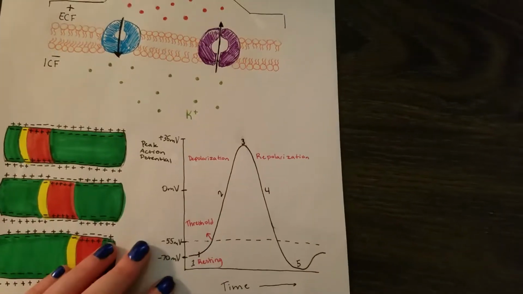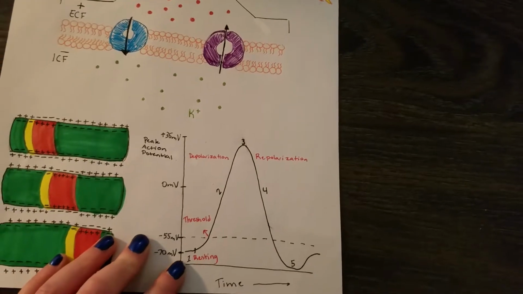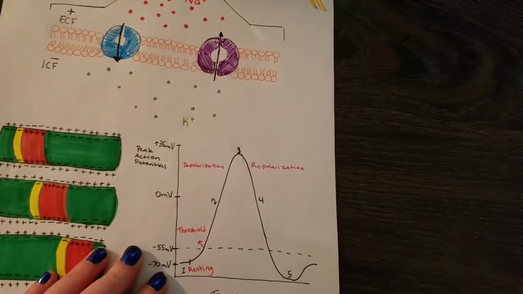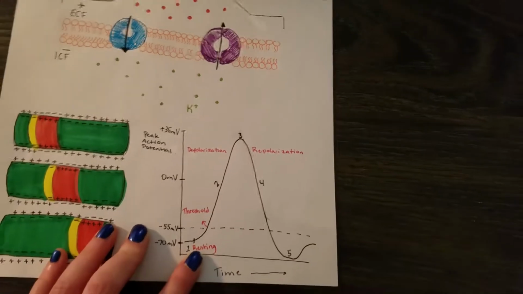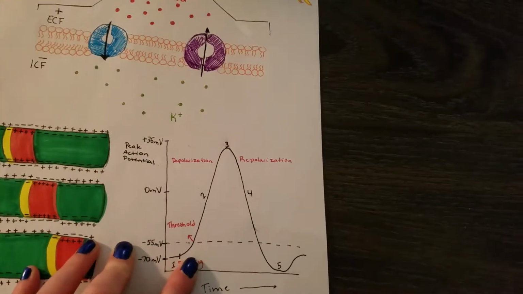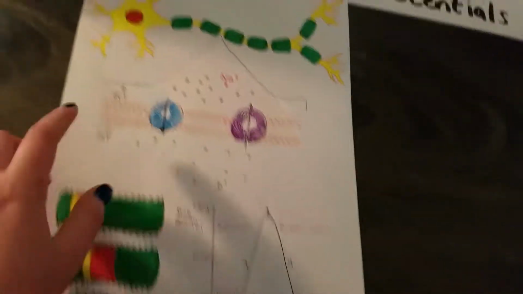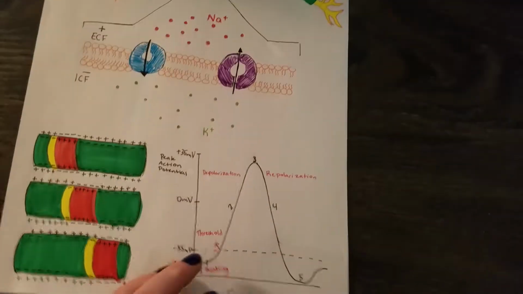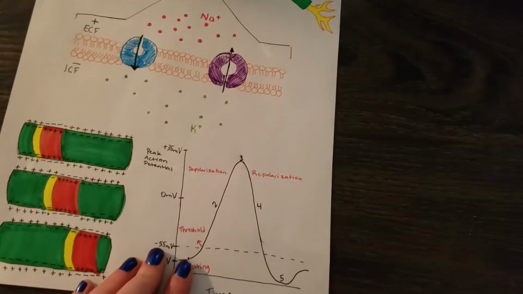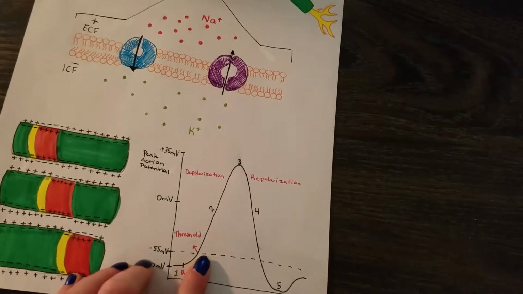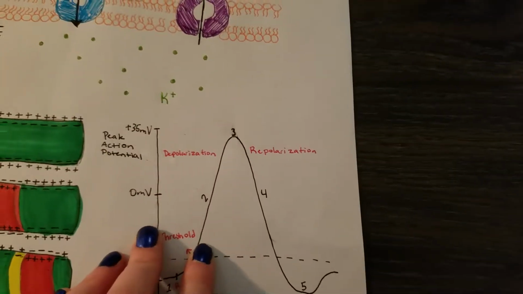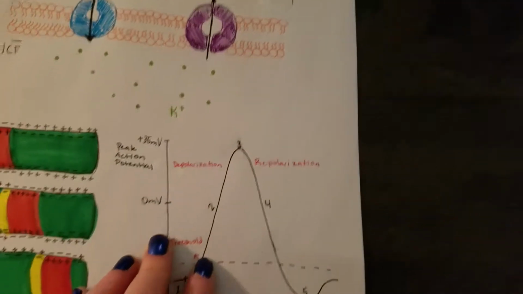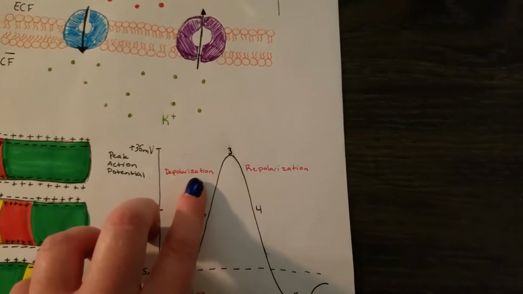We start at 1, which is negative 70 millivolts, and this is at its resting membrane state. And when a stimulus occurs in that dendrite right there, and it's strong enough, it goes up to the threshold of negative 55 millivolts, and then it triggers the action potential, which causes depolarization.